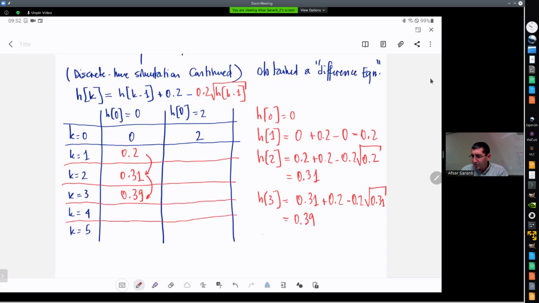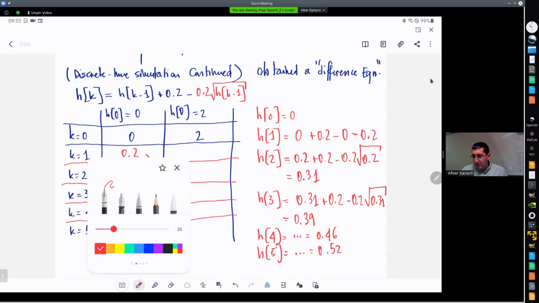Okay, H4 is equal to, in a similar way, 0.46, and H5 gives us 0.52. Okay, so this is 0.46 and 0.52 is how it goes. And if we do the same for the other initial condition, where we start from 2, let's also fill in those values.